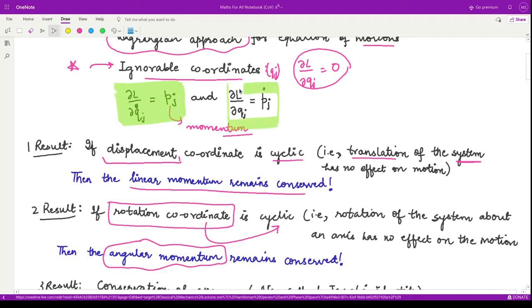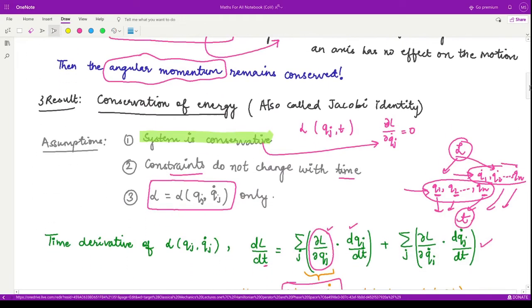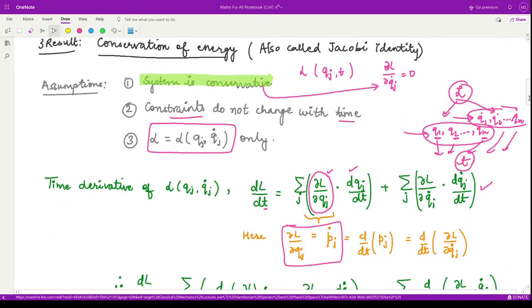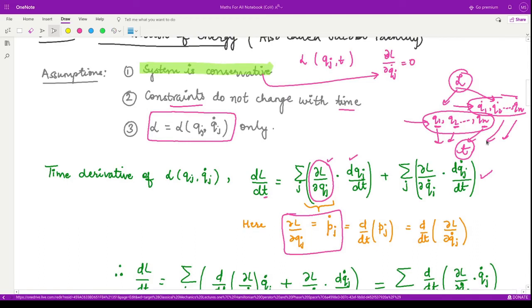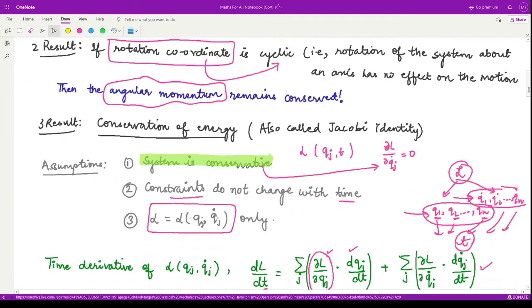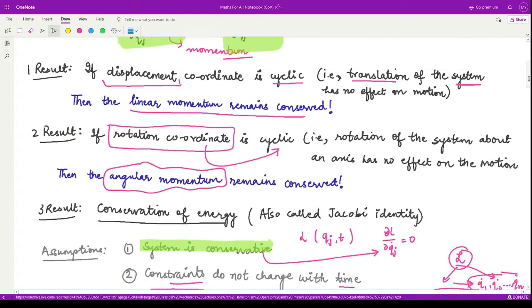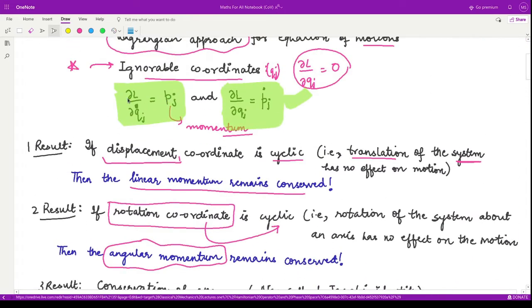We have these two relations, and one should remember them, as they are really important. Here we are converting del L by del qj, which is equal to pj dot, and pj is again, using this relation, equal to del L by del qj dot.